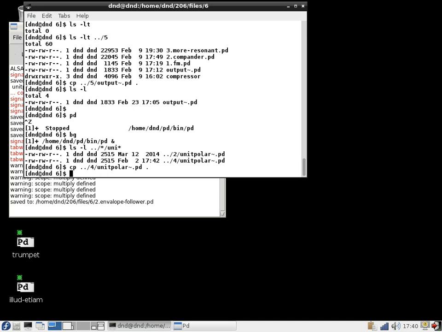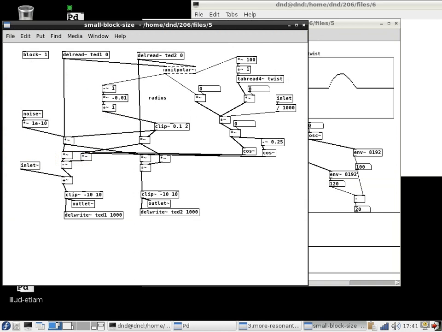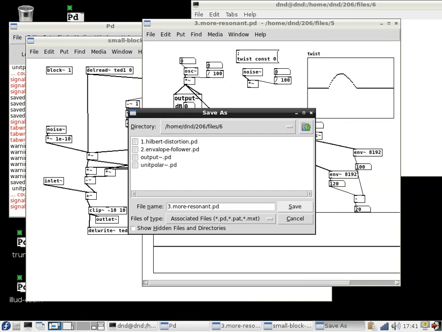Okay, so this is where we were most recently, and I'm going to save this under maybe the same name exactly.